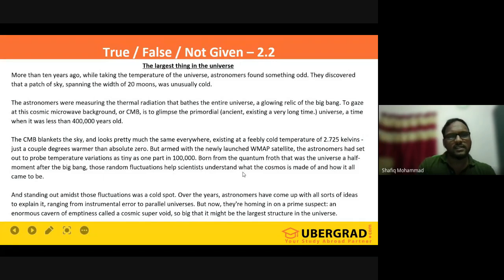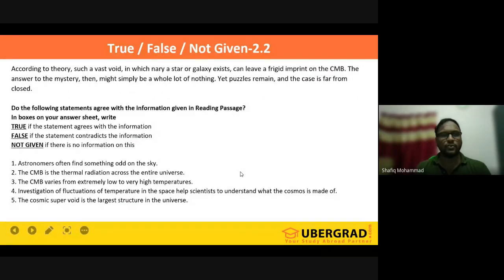Yes, it is in the third paragraph itself: understand what the cosmos is made up of and how it all came into existence. Okay, so it is there in the third paragraph. So it is 100% true. So the fifth one: the cosmic supervoid is the largest structure in the universe.